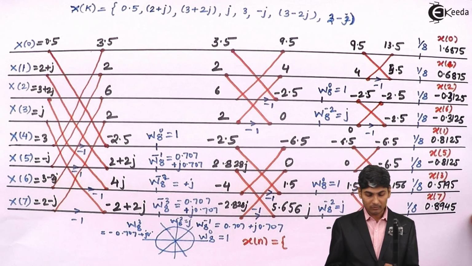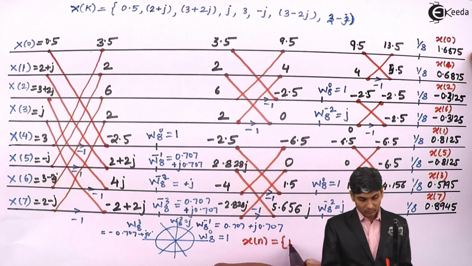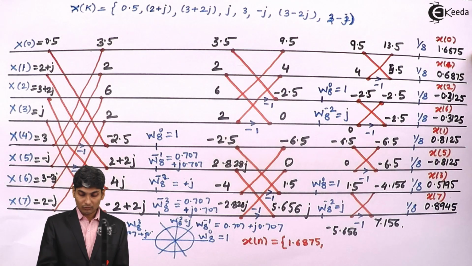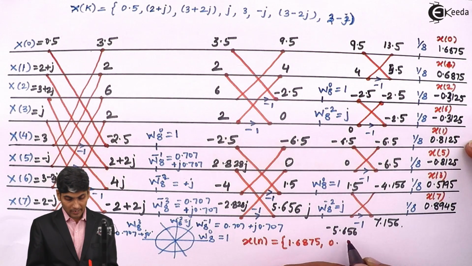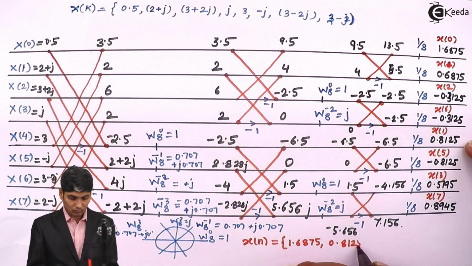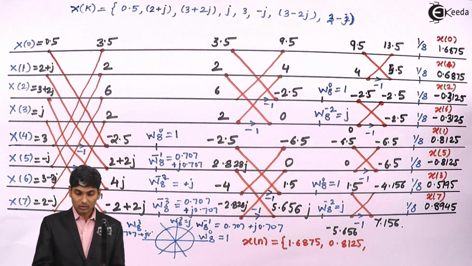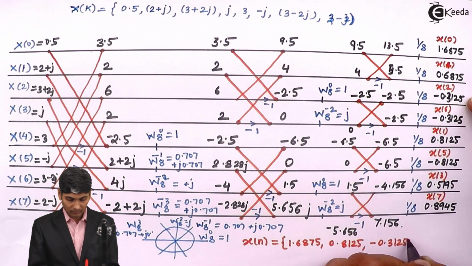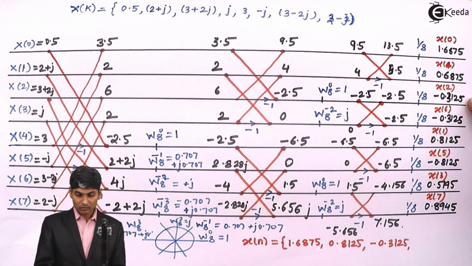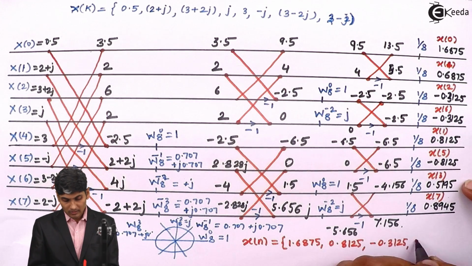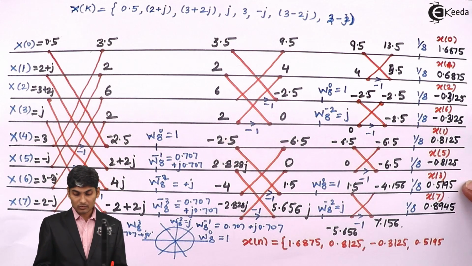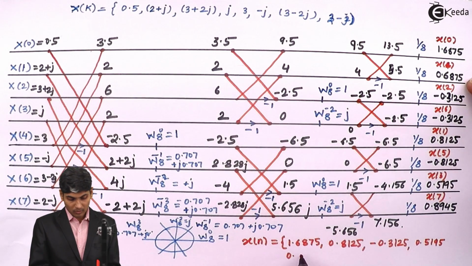So the rearrangement of this will give me x of n. First I will write x of 0, which is 1.6875. Next I will go for x of 1, which is 0.8125. Then x of 2, which is minus 0.3125. Next x of 3, which is 0.5195. Then x of 4, which is 0.6875.